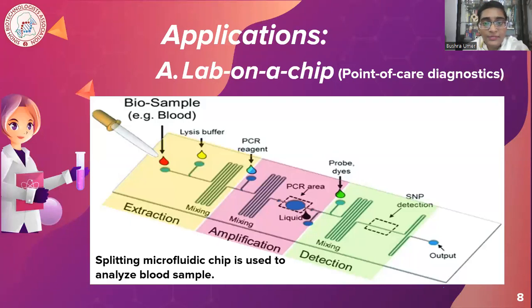So here come the applications of microfluidic technology and devices. Number one is lab on a chip. Lab on a chip means to perform an experiment on a single microscopic chip, and this is the main thing in point of care diagnostics, which means when the experiment or some testing is done within the patient's unit, and we do not need a large lab or a certain type of lab to perform these types of experiments.